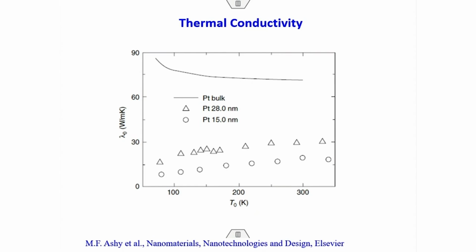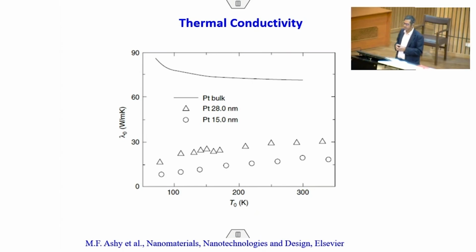What happens in one-dimensional nanomaterials? In one-dimensional nanomaterials, 2 dimensions are nanoscale and 1 dimension is non-nanoscale, like carbon nanotubes. It has been found that in carbon nanotubes, the conductivity along the length of the tube can increase to a very high value, like 3000 watt per meter per Kelvin, compared to the other 2 directions, like in the plane direction.